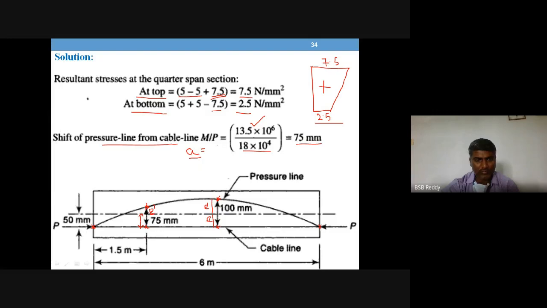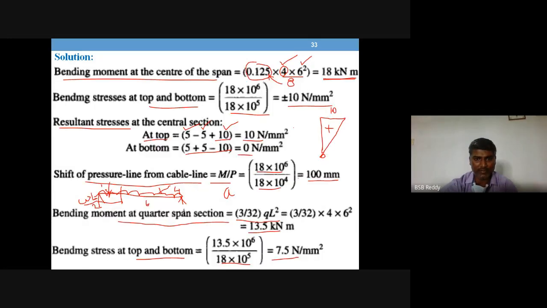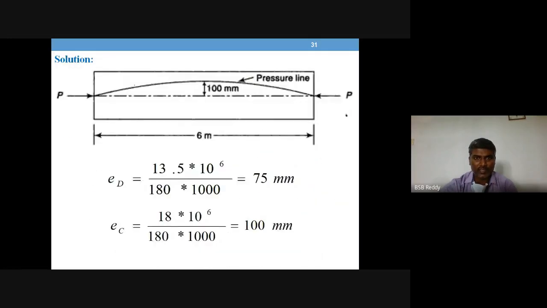So it was simple when you compare with the earlier example. If E is equal to 0, it means there is no eccentricity. If you move this cable to the center, this pressure line also shifts upward with the same values of 75 and 100. Earlier diagram you can see, there's 100 here and 75 at the quarter span.